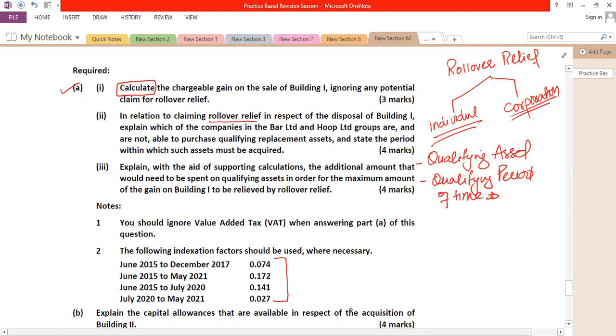So it's a theoretical question. You have to identify which group is relevant, right? So obviously the 75% gains group, where one company is selling. So the selling company is Bar Limited, right? So we have a 75% subsidiary with respect to Bar Limited.